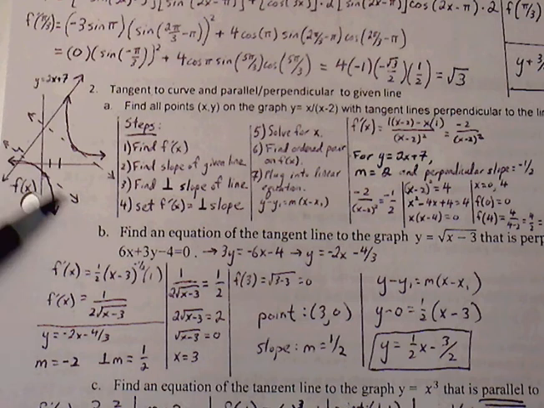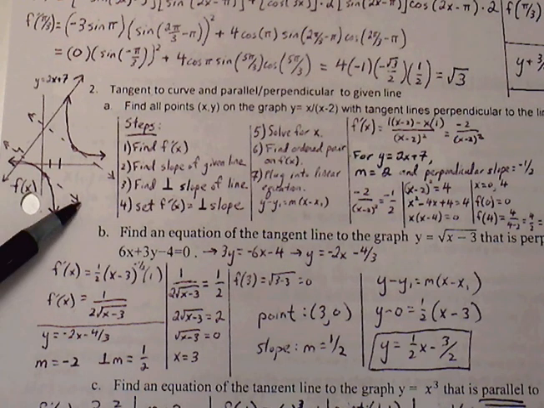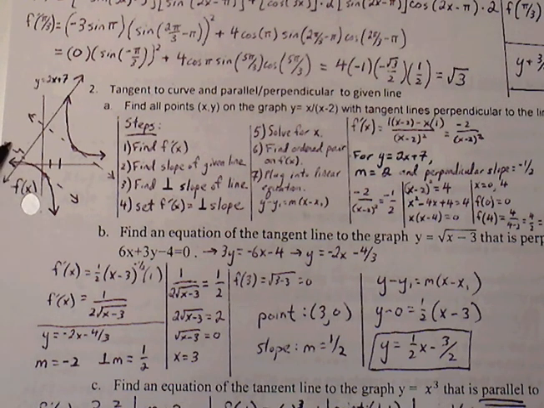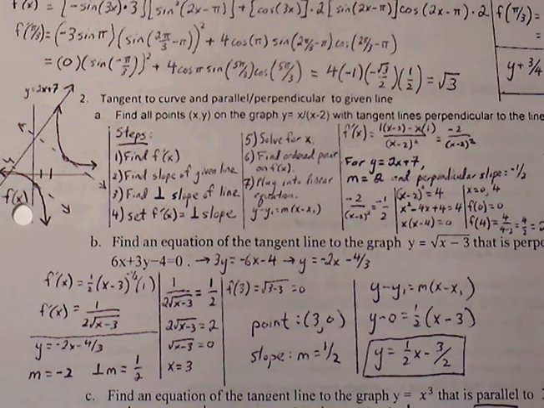And then once we have the slope of this tangent line, we can set the derivative of the function equal to the slope, because we want to find out where this graph is going to have a slope that we're trying to target. Once we set them equal to each other, we can find the x values, and once we have the x values, we can write the equation of these tangent lines.